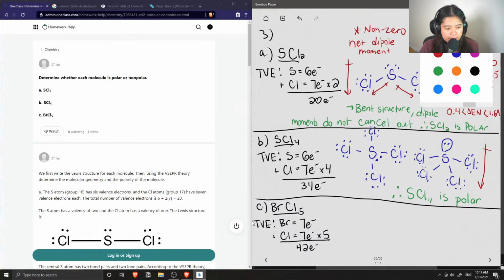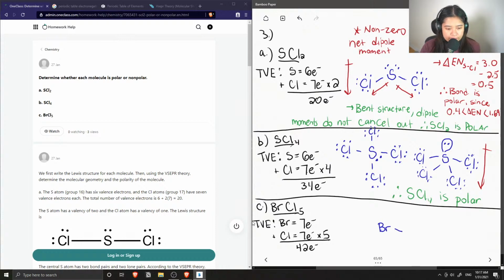Okay, so now let's draw out its skeletal structure. We'll have bromine as our central atom, and then I'm just going to draw my 5 chlorines around it like this, and show all of the lone pairs.